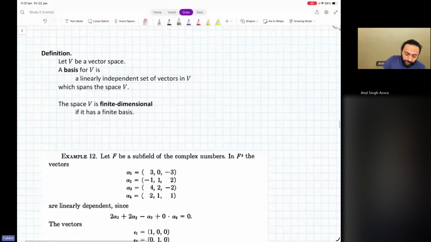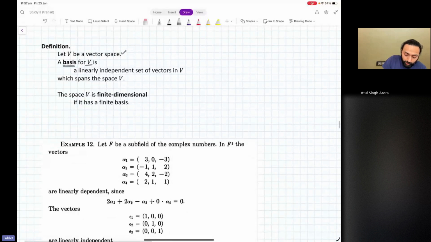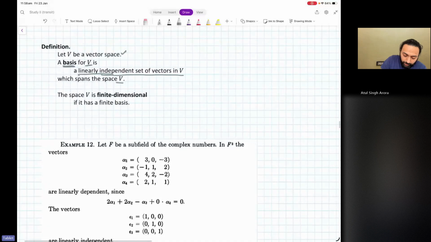Okay, so now we look at the definition of a basis. Let V be a vector space. A basis for this vector space V is a linearly independent set of vectors in V, which spans the vector space. So we already defined what linear independence is.